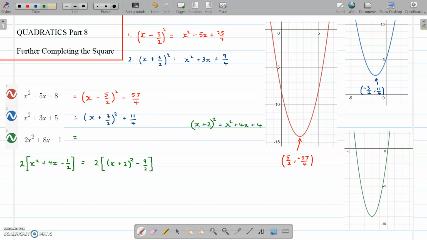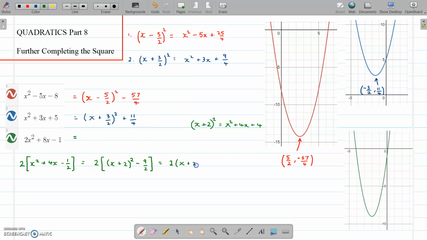Now, if you're going to explore the minimum point of the curve, as we have done, you'd now need to reduce the whole thing so that you're multiplying out the 2 with the 9 over 2. So you could say that is equal to 2 lots of x plus 2 squared.